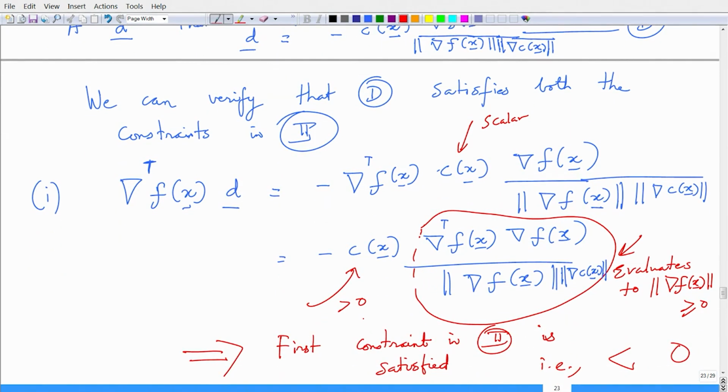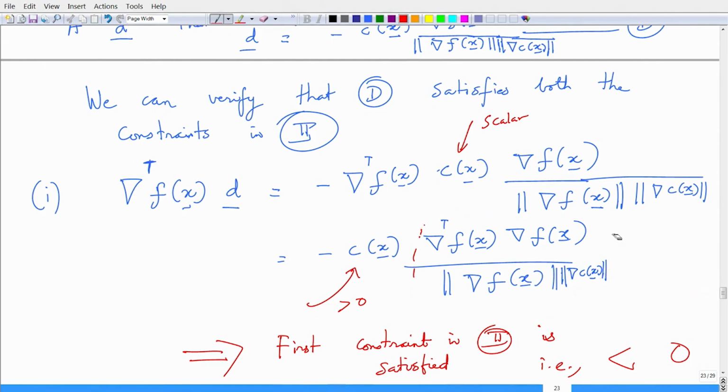So, I land up with del f transposed times del f upon norm del f times norm del C. In the numerator you have norm del f square upon norm del f. So, this evaluates to norm del f.